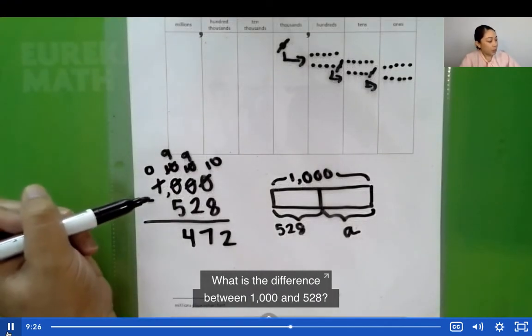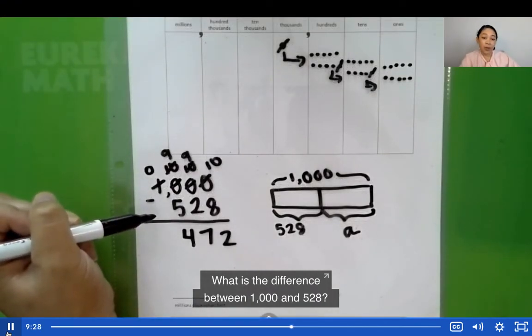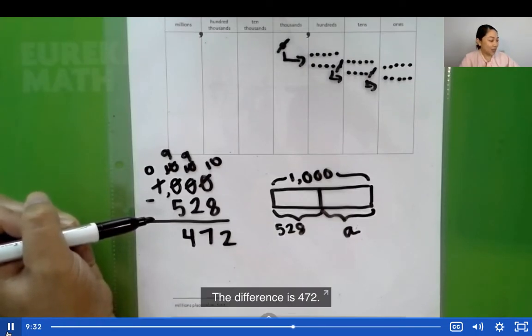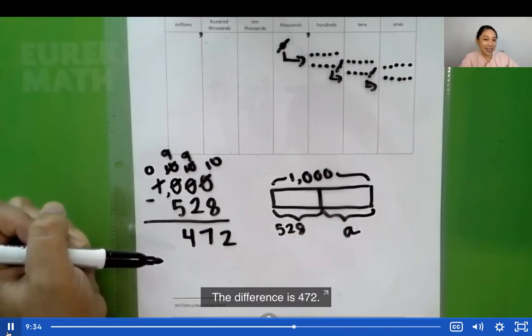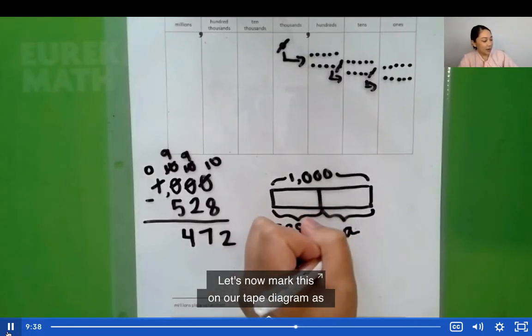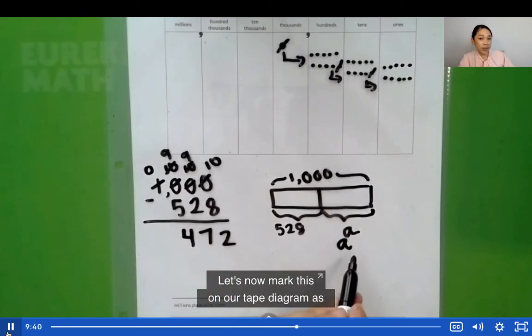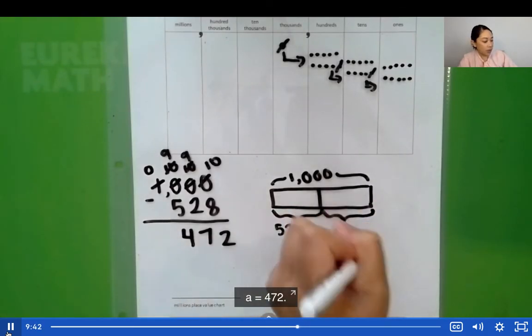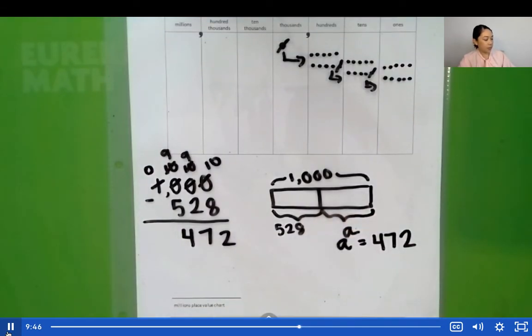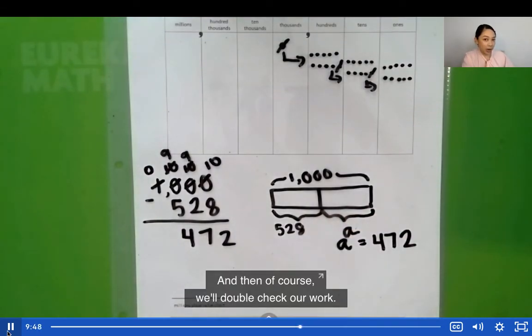What is the difference between 1,000 and 528? The difference is 472. Let's now mark this on our tape diagram as 8 equals 472. And then, of course, we'll double check our work.